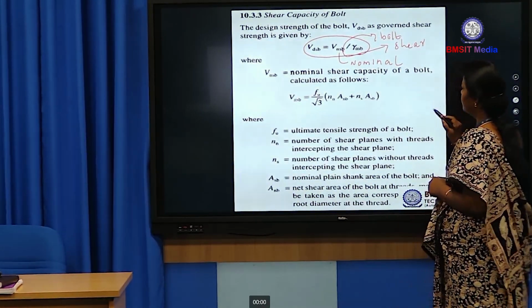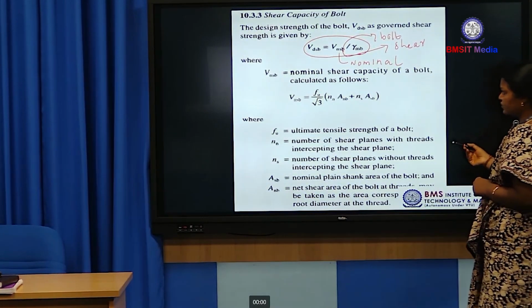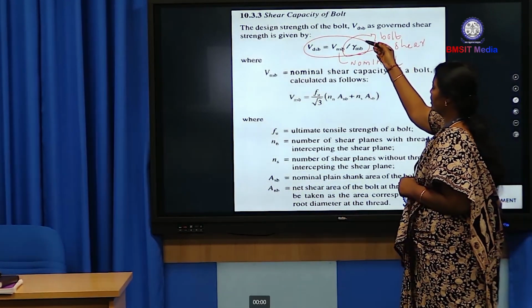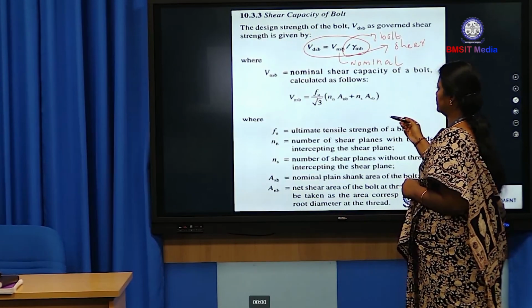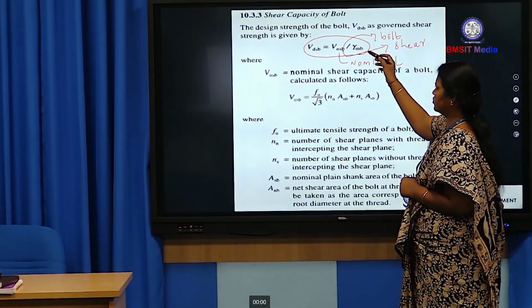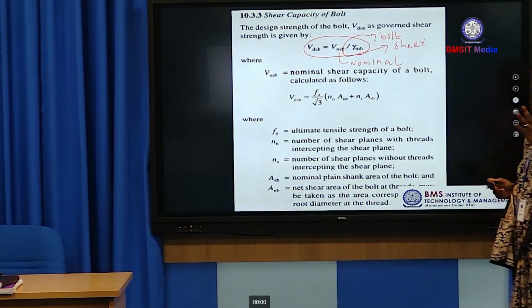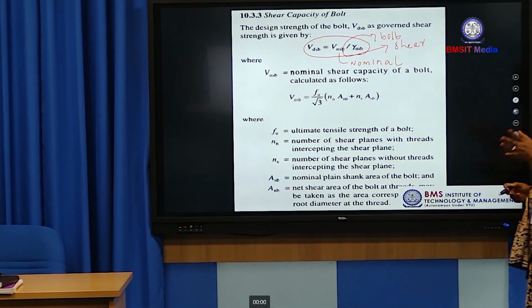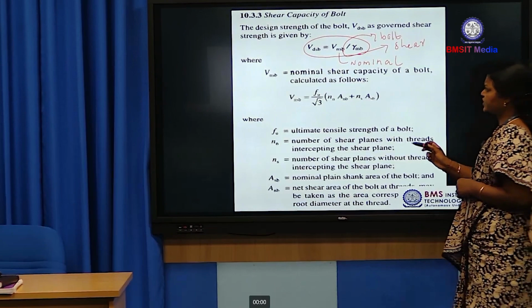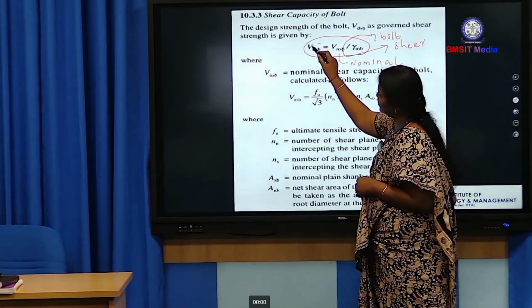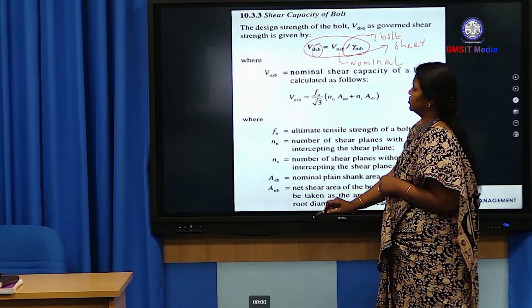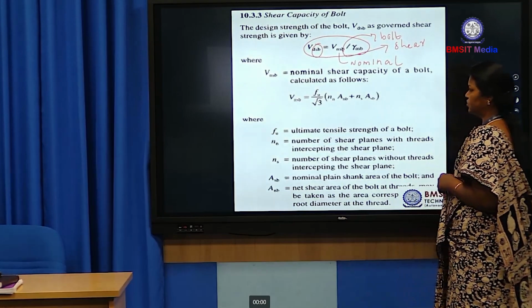So nominal shear strength of the bolt divided by the factor of safety of the bolt. In the previous table we have seen gamma MB, both shop and field, is 1.25 only. VDSB is the design shear strength of the bolt.